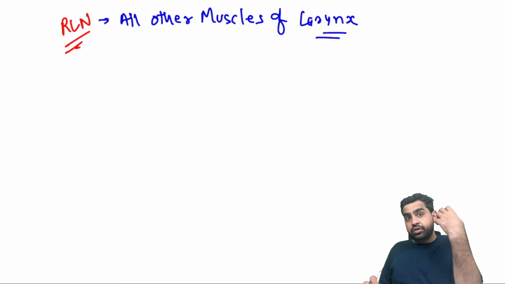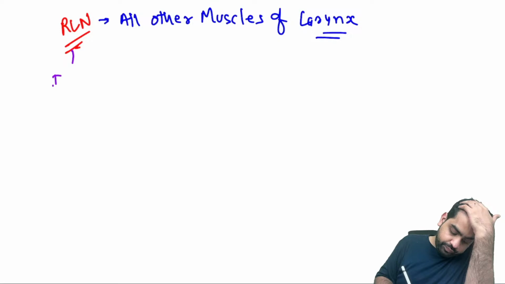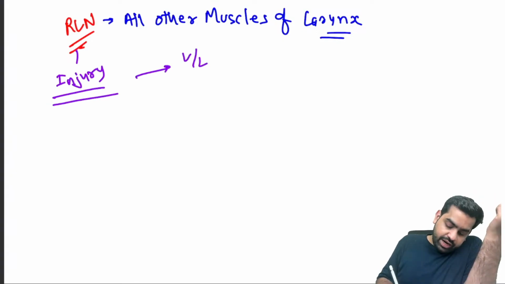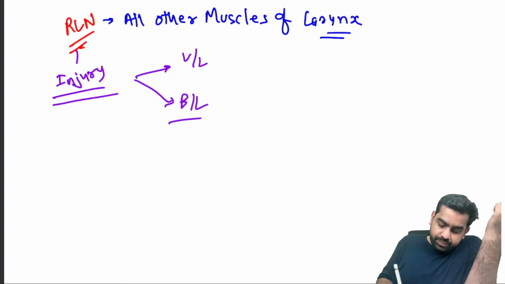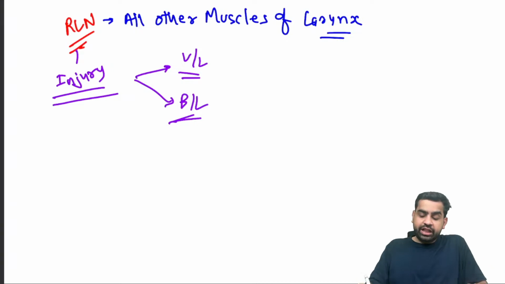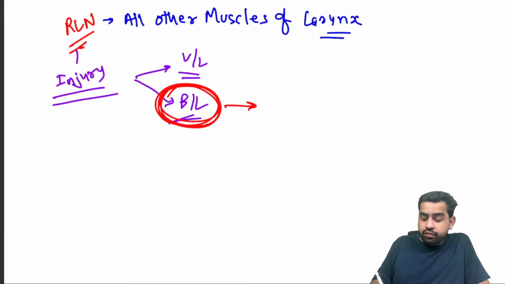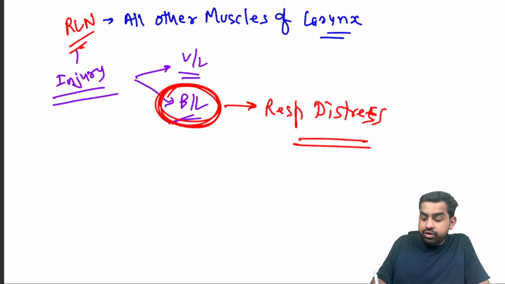Now, if there is an injury to the recurrent laryngeal nerve, it can be unilateral or bilateral. What is going to happen? Please understand, if there is a bilateral injury to the recurrent laryngeal nerve, the patients are going to land up in respiratory distress.